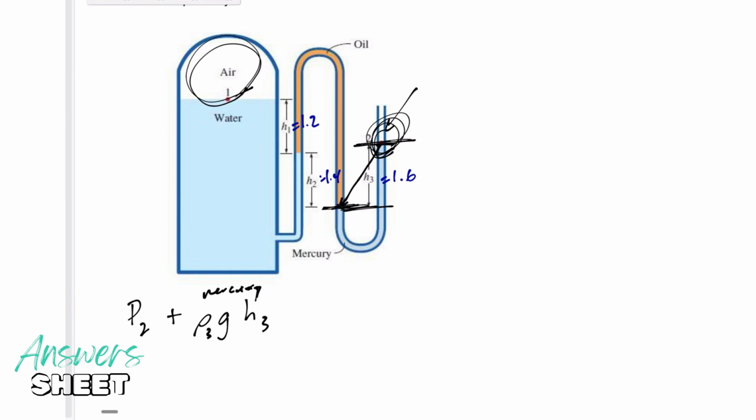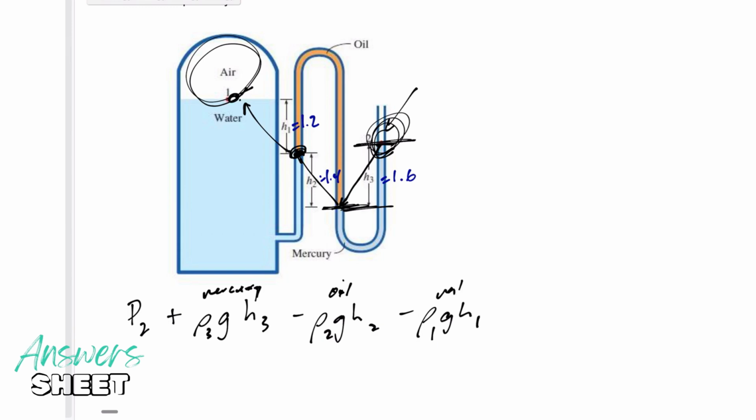Now I go from here to there. I'm going up, so I go negative rho g H2. This was the oil. All right, negative rho g h. And then I go from here to here. I'm going up, so negative rho g H1.